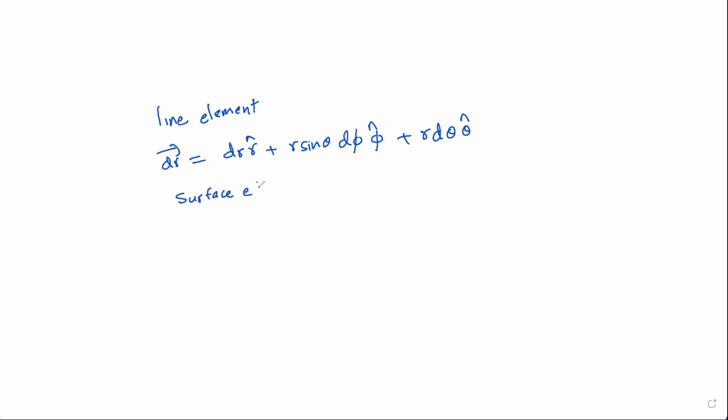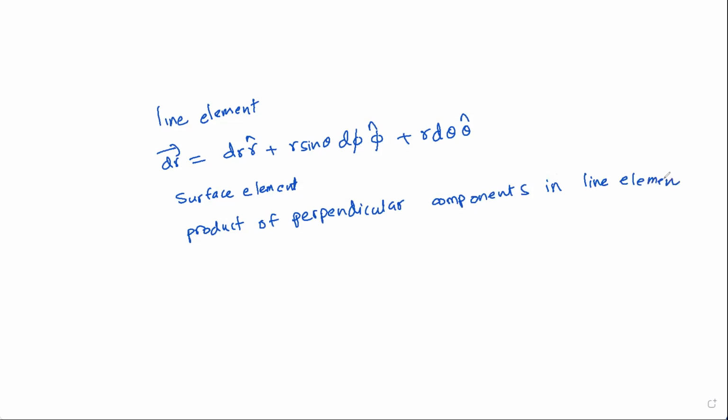So the surface element is very easy actually. You just need to take the product between perpendicular components in the line element, right?